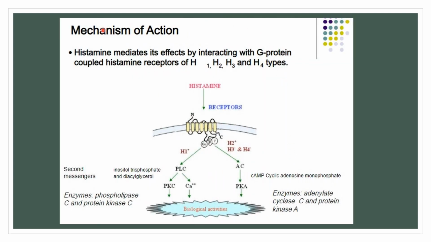We also have here another diagram showing the mechanism of action of histamine. Histamine mediates its effects by interacting with the G protein coupled histamine receptors, H1, H2, H3, and H4 receptors. The histamine receptors that are present in specific tissues are considered to be GPCR or G protein coupled receptors.